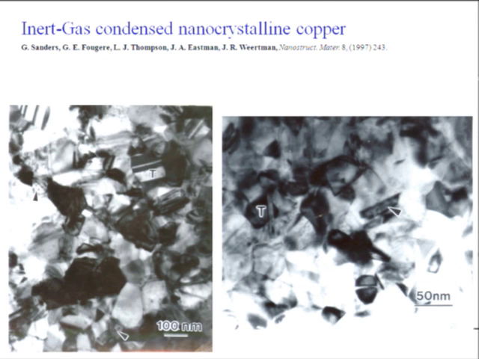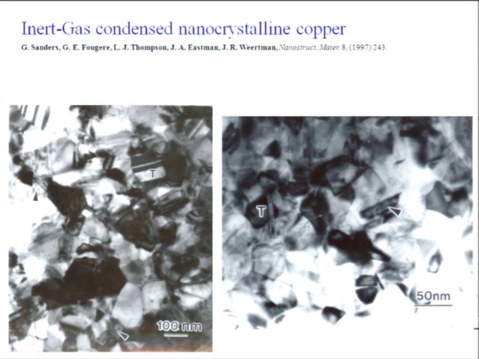Let me show you just very briefly one or two examples. If you take inert-gas condensed nanocrystalline copper, then in the TEM micrograph you see dislocations and twin faults. You can see these beautiful twin lamellae. The scale here is 100 nanometers.